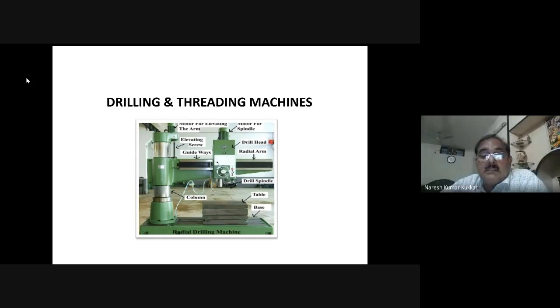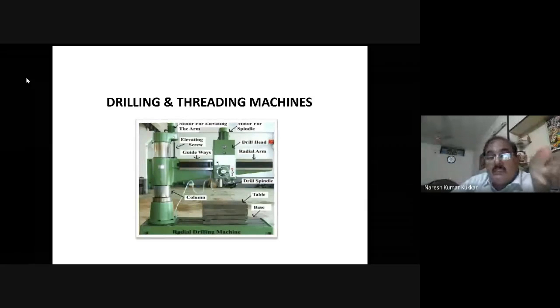Drilling and threading machines. A drilling machine is used basically for drilling and threading. Here one column is there. We are showing you the radial drilling machine. There are various types of drilling machines, but this is the radial drilling machine. One column is there, and the motor is fixed. That motor rotates the head and drill spindle, and we can move this by guideway.